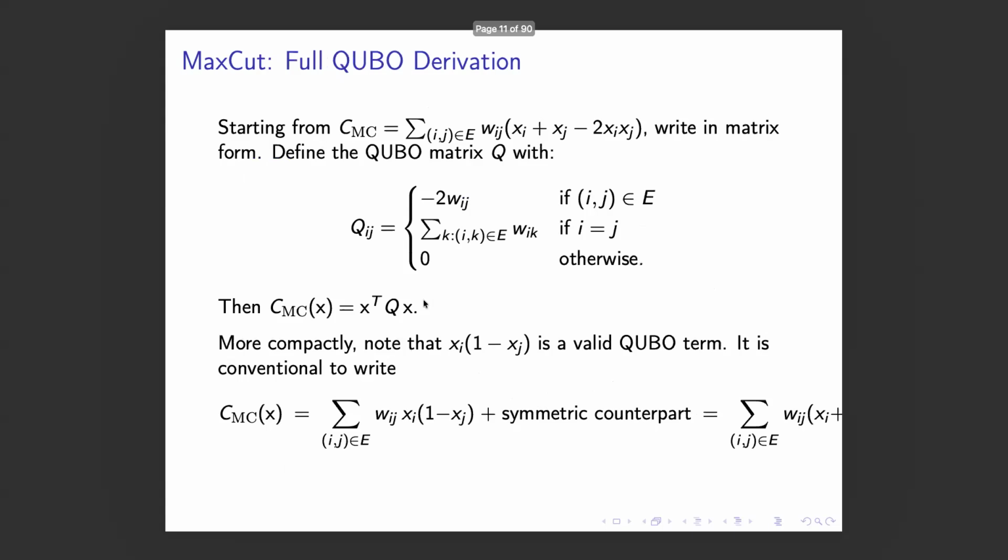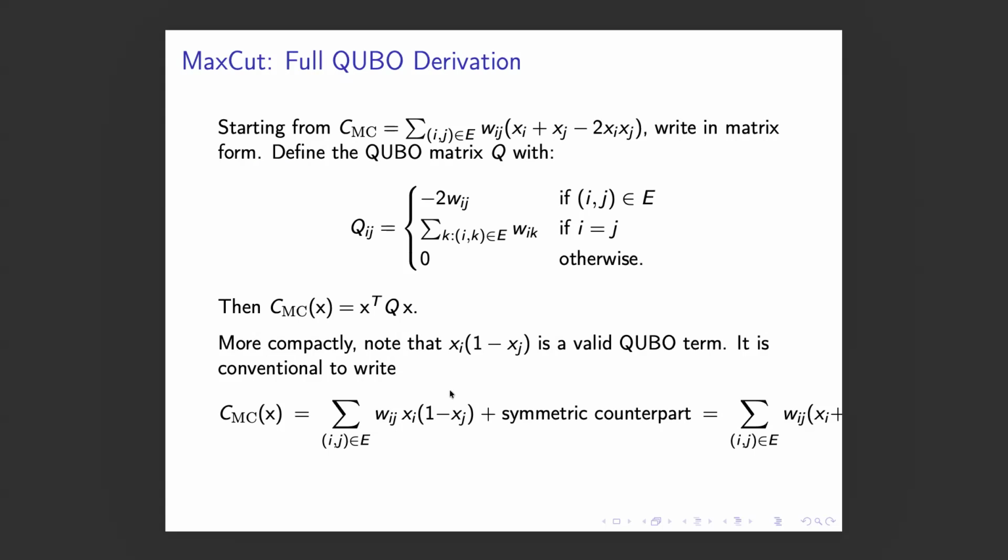So the max cut problem is something you can easily derive because you get a function here where you have taken the standard Ising model, which you rewrite in matrix form, and you have a QUBO matrix like this. And then the problem you want to optimize is this one. And more compactly, you will see that this is a valid QUBO term.